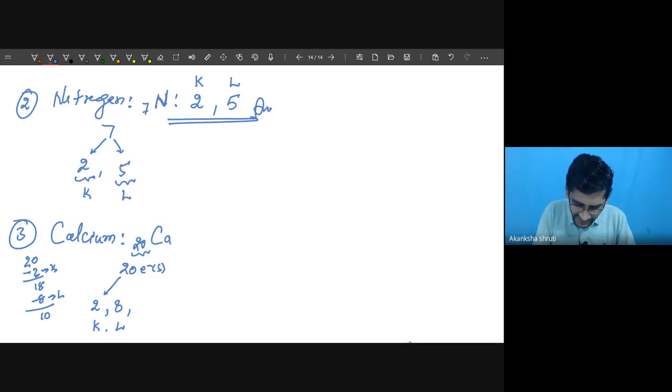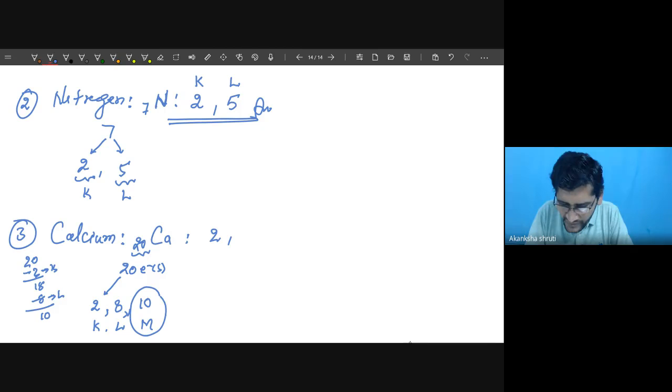Then can I write the 10 here for the M shell? Yes, student, can I write 10 here for the M shell? Can I write it like this, as 2, 8, 10, and above it write K for the 2, L and M?